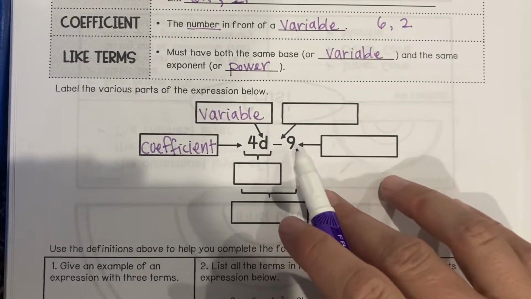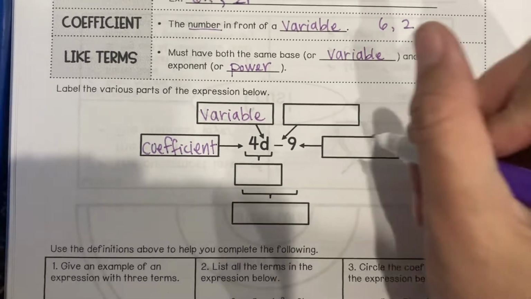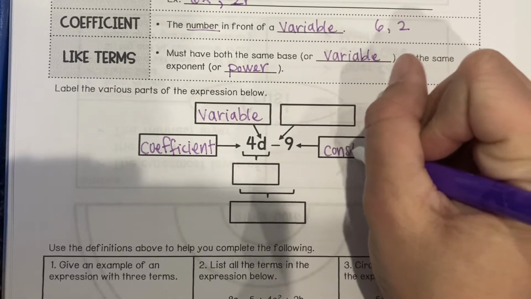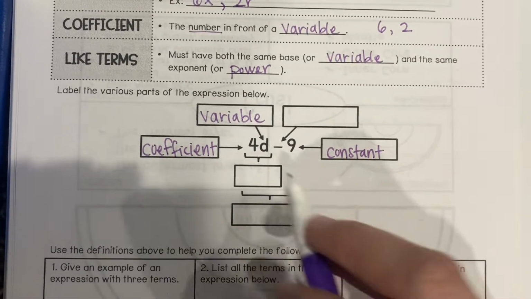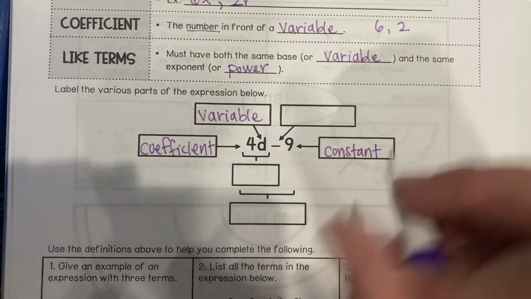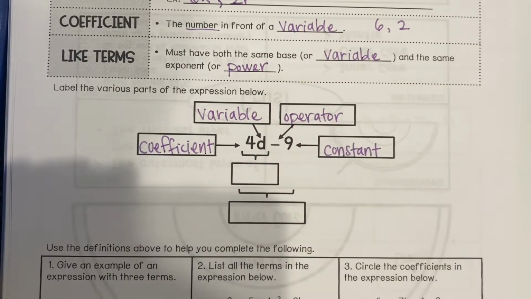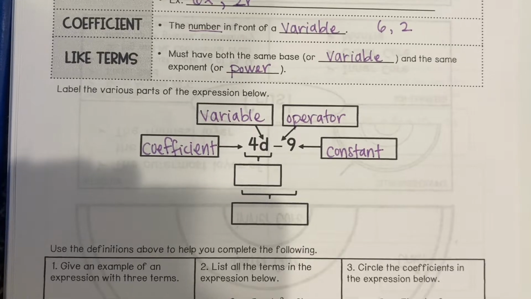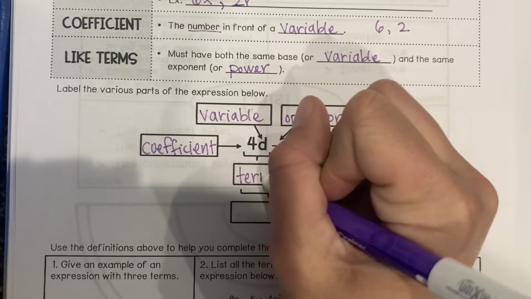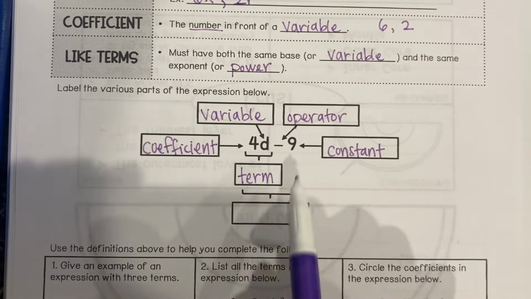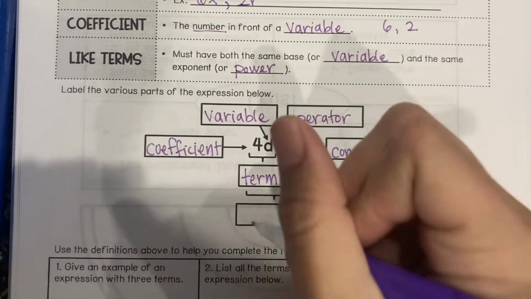The number on the end, now this one doesn't have a variable, so this is what we call the constant. The subtraction sign is an operator. We would consider 4D a term, and then all together 4D take away 9 is an expression.